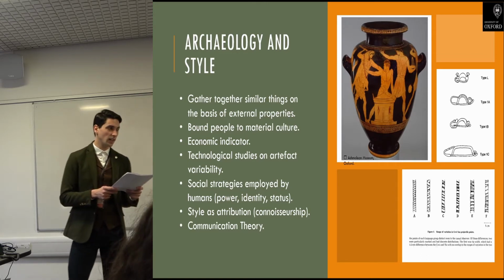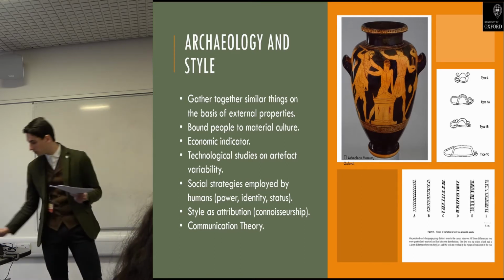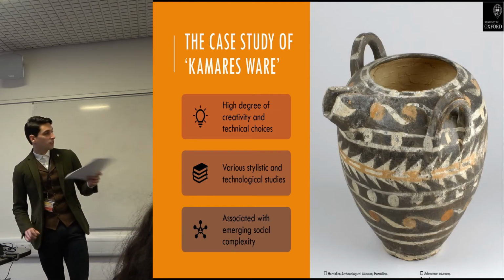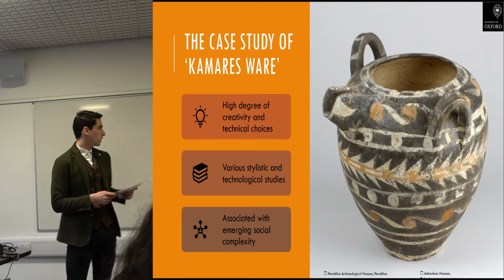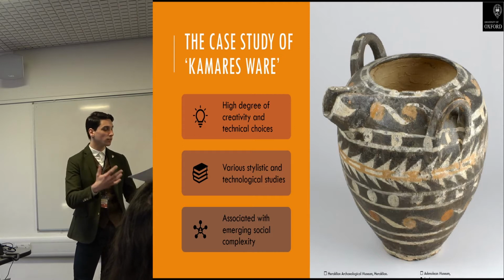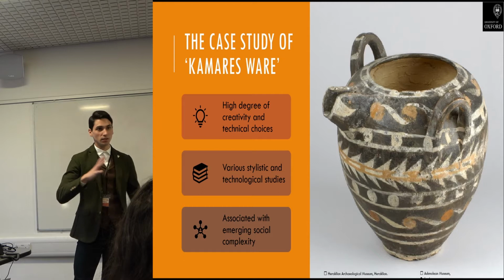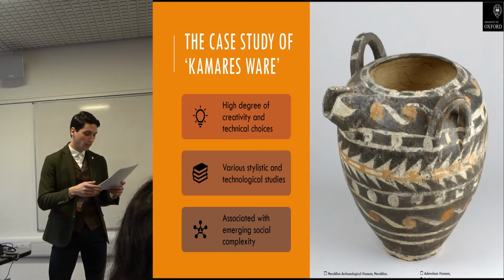Style, however, can help us to make sense of the relation between long-term variability, memory, and distributed cognition. An interesting case study, in my opinion, is that of Kamares ware. We can have a sense of the long-term change in how memory is embedded in this long pattern of making things.